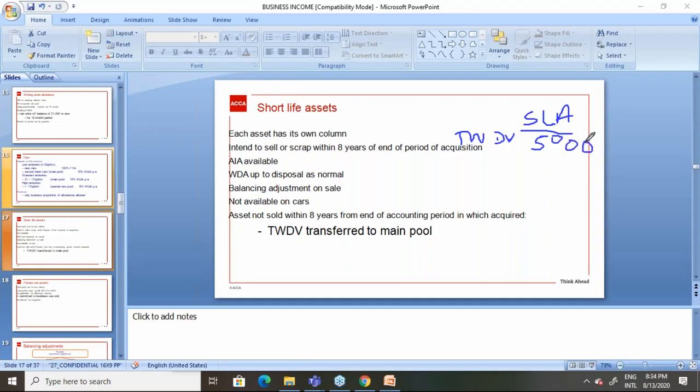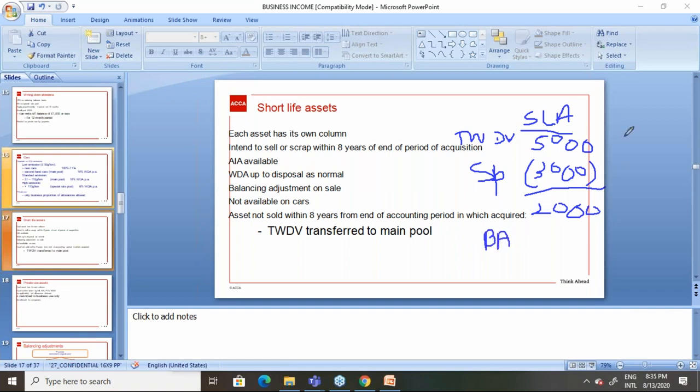That means you have the opportunity to claim capital allowances up to 5,000. But you are selling the asset for 3,000 pounds. So that means you have been able to recover 3,000 pounds out of this 5,000. The balance of 2,000 you can claim at once as capital allowances. You call it a balancing allowance.